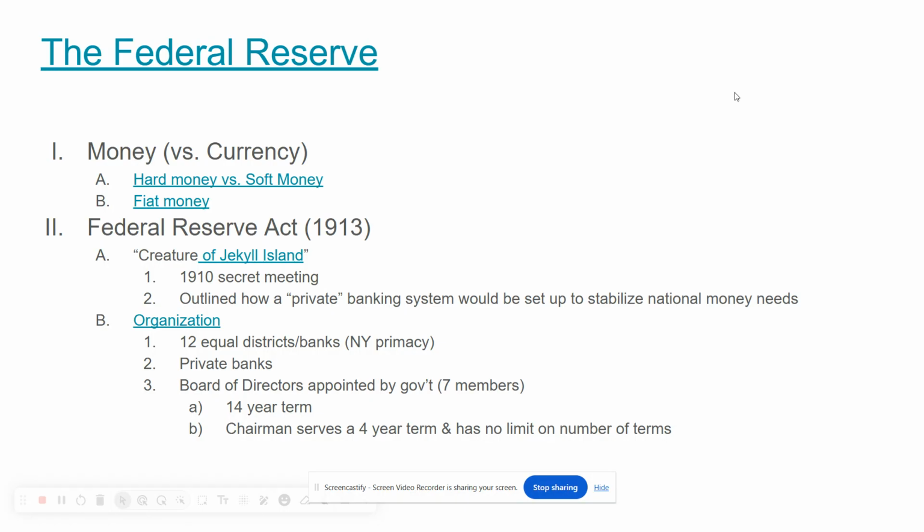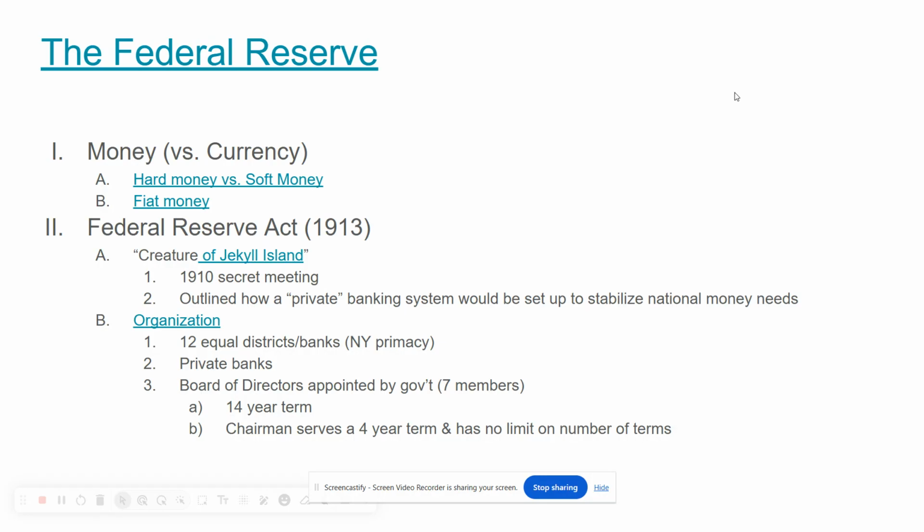Fiat money is money that has value because the government tells you it has value and you are forced to use it. There is no commodity or hard product backing that money up. So a great example of fiat money that all of you are familiar with is the peso.